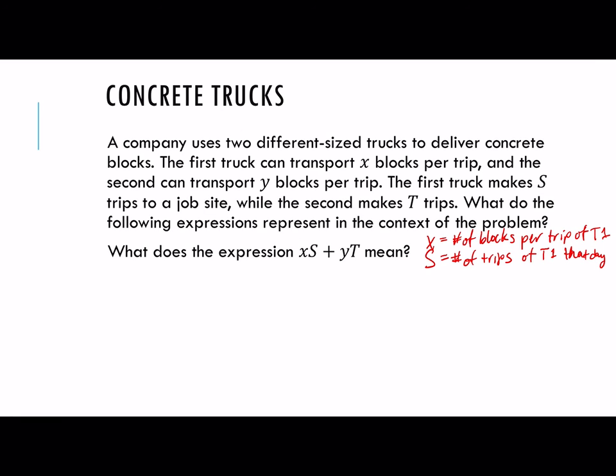So if I multiply them together, I have x number of blocks per trip multiplied by s trips. That equals x times s. Now the trips will cancel here, so number of trips per day, and we have x times s is the number of blocks. Okay, so we're going to go down to here.